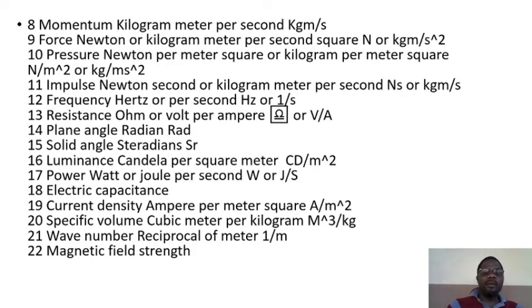Then we have momentum. Momentum is measured in kilogram meter per second. So we have force. Force is measured in Newton, or in terms of the derived quantities, it is kilogram meter per second square. Then we have pressure.